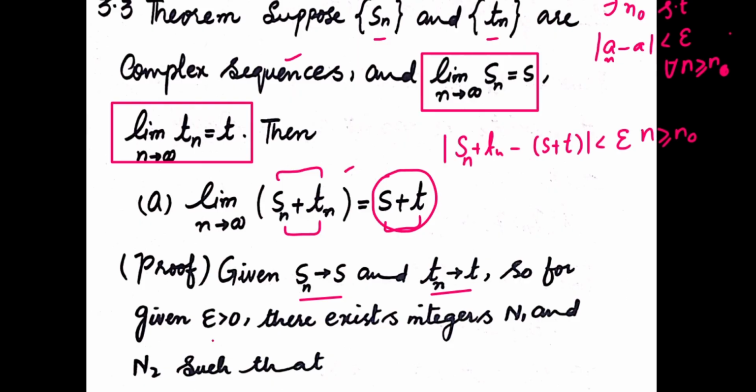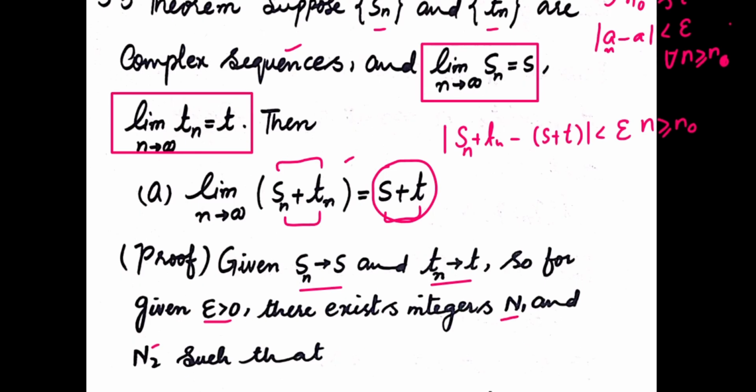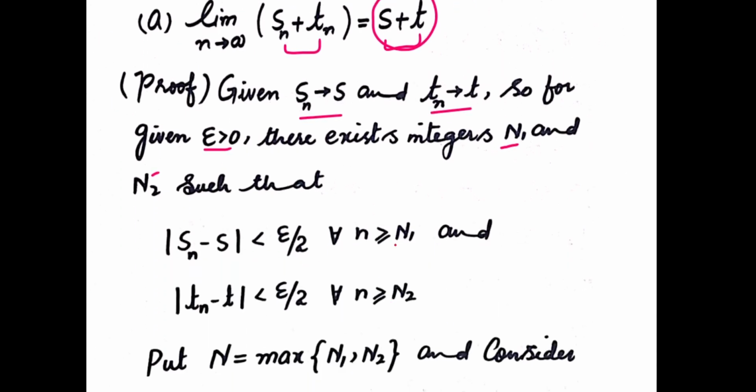So by definition of convergence of sequences, for given epsilon greater than 0, there exist integers n1 and n2 such that I will use integer n1 for the sequence sn, as sn converges to s. So the difference of sn from its limit will be less than epsilon by 2 whenever n is greater than or equal to n1. Similarly, tn converges to t, so the absolute difference of tn and t is less than epsilon by 2 for all n greater than or equal to n2.